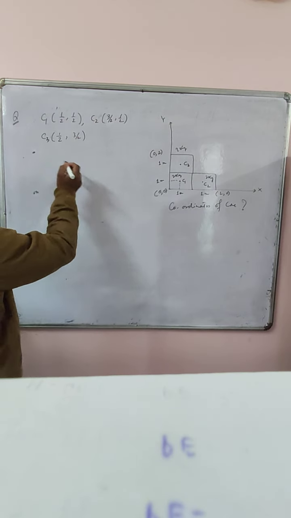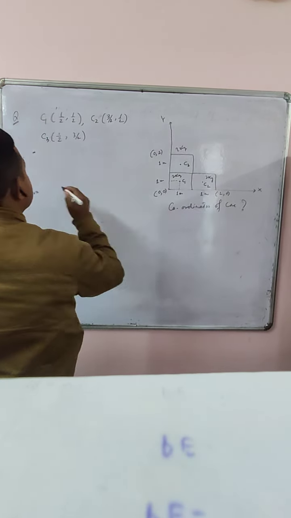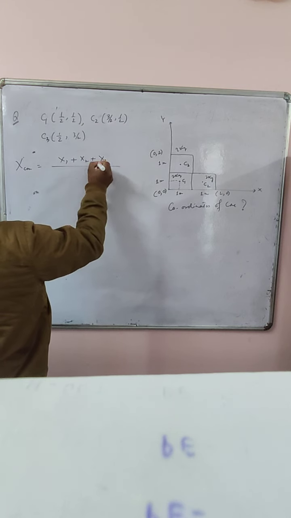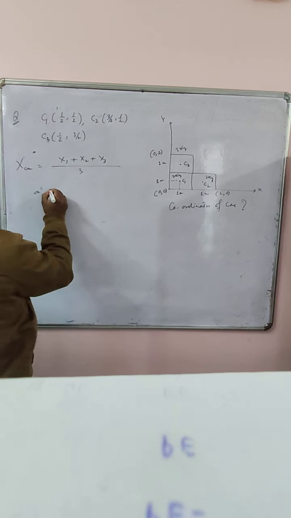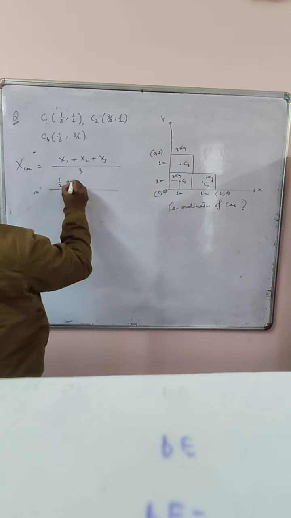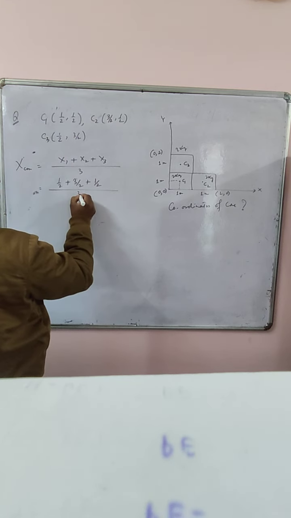Now you can find out the overall center of mass. Here you see masses are equal, so to find XCM we use simply this relation: X1 plus X2 plus X3 by 3, as I have discussed earlier. X1 here is half, X2 is 3 by 2, and X3 is half, divided by 3.